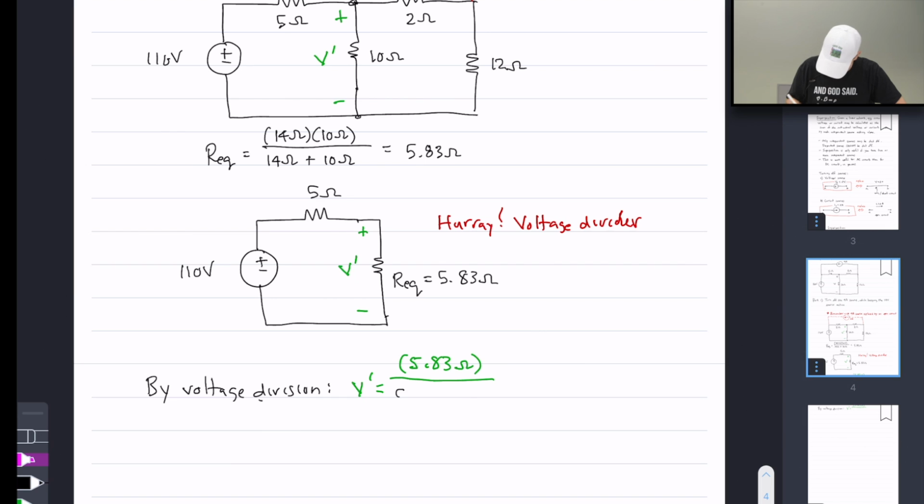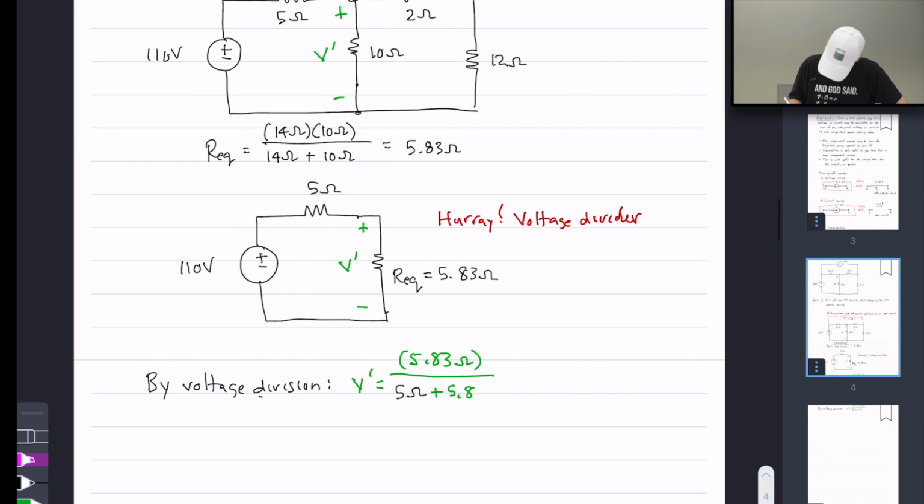So this is 5 ohms plus 5.83 ohms times the voltage of the source. That happens to be 110 volts, which means I can go back to my handy dandy calculator.